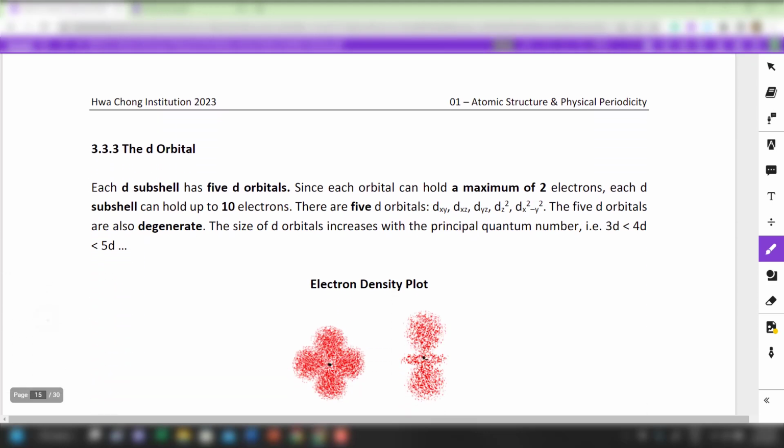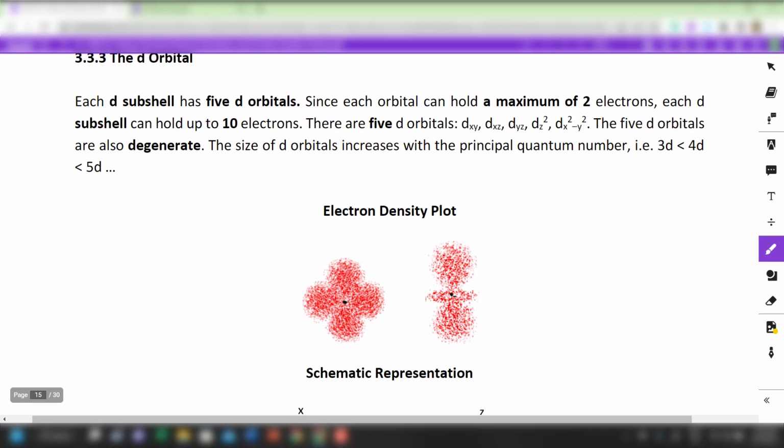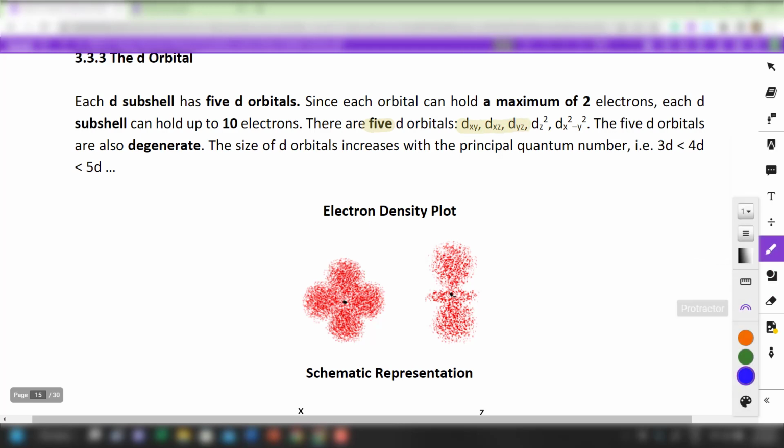Then for the d orbitals, they are usually a little bit more difficult for students to draw, so I will go through them slowly. The 5 d orbitals are labelled dxy, dxz, and dyz. I will talk about these 3 first.